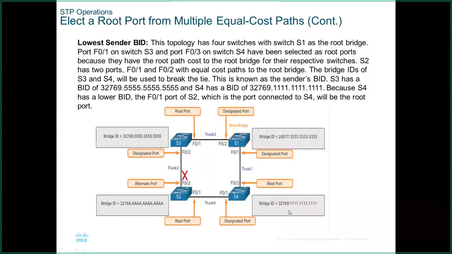So switch 4 has the lowest bridge ID, so forwarding traffic to the lowest ID becomes the root. Alright, so the lowest ID that switch 2 receives, because it's got the alternative paths, is decided on. This is lower, so it becomes the root.